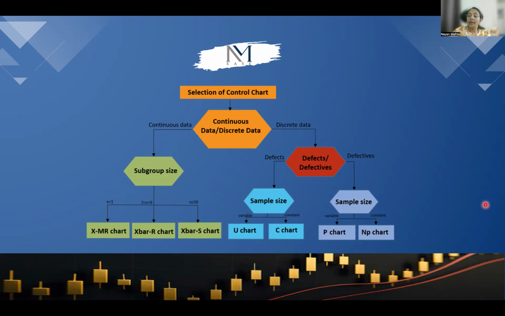So when monitoring with variables data, the tool focuses on the process average and variability. We know this by now. Using control charts that are tailored to the data and sample sizes is very important, because by that we can understand which tool is needed there, right?